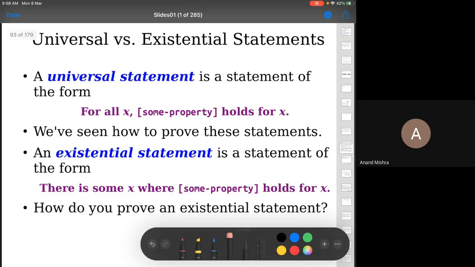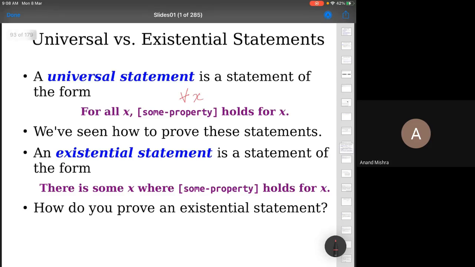Let me write it here. This is denoted as for all x, and here, where there is some x, this is denoted as there exists x. Or if you say there exists an integer, then you write there exists x belongs to Z, an integer that holds some property.